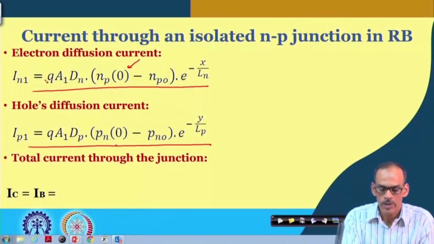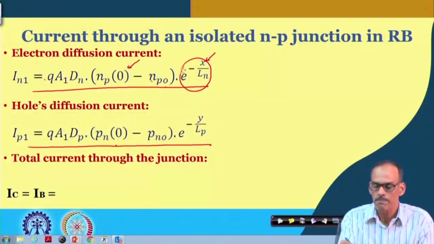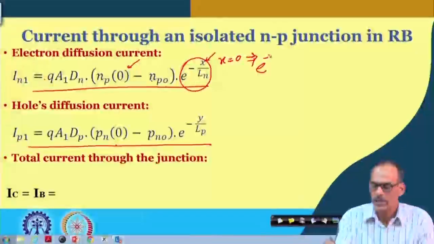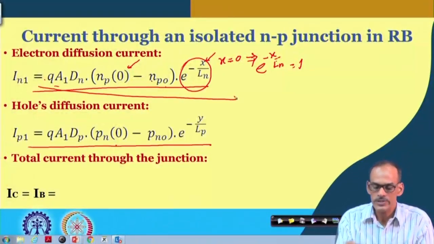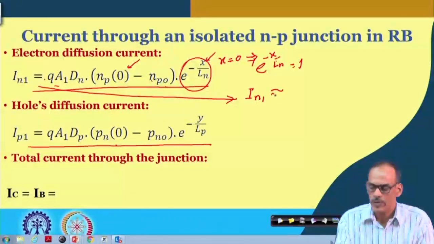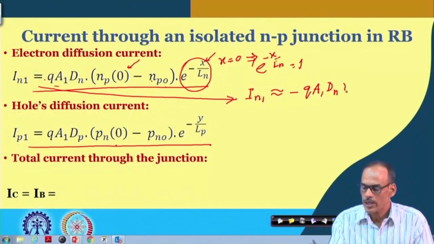We will have a minus sign and p n 0 in this part, and at x equal to 0 this becomes 1, since e to the power minus x over L n becomes 1. So, we have only this part. Under reverse bias condition, I n 1 is well approximated by q a 1 d n n p 0.